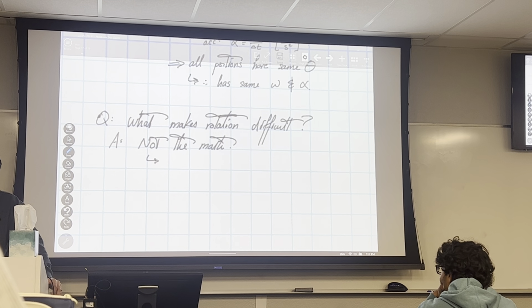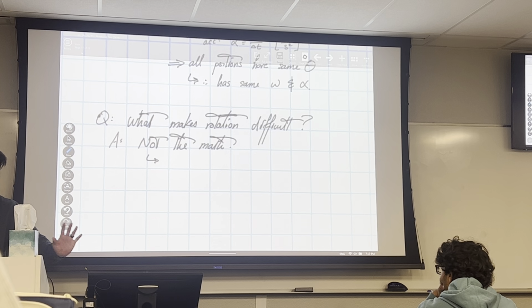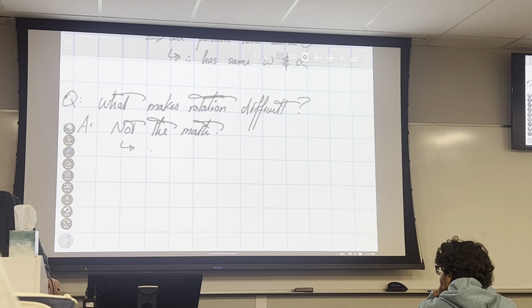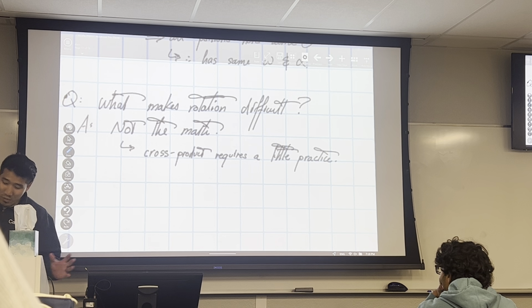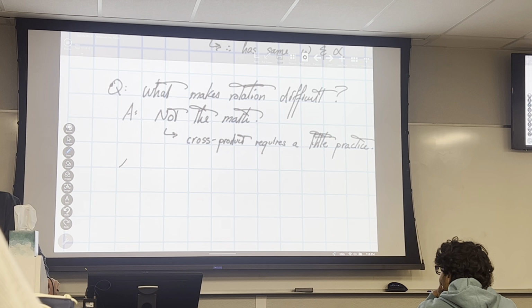Because you already did a lot of the stuff in circular motion. Well, this new additional cross product thing, with a little bit of practice, it's actually not going to be too bad. So cross product just requires a little practice. And then you'll get the hang of it. So the math really is not too difficult.